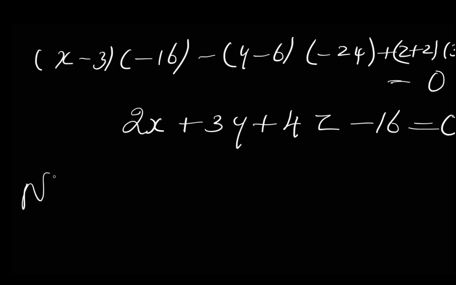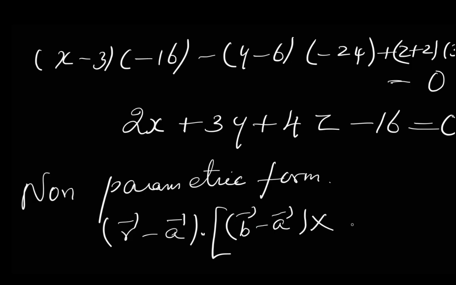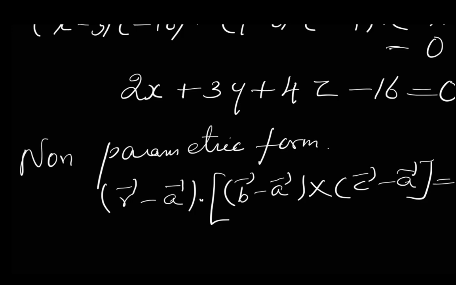Next is the non-parametric form. In the non-parametric form, what you have got here is vector r minus a dot vector b minus vector a cross vector c minus vector a is equal to 0. This is the form of representing the equation in the dot product.